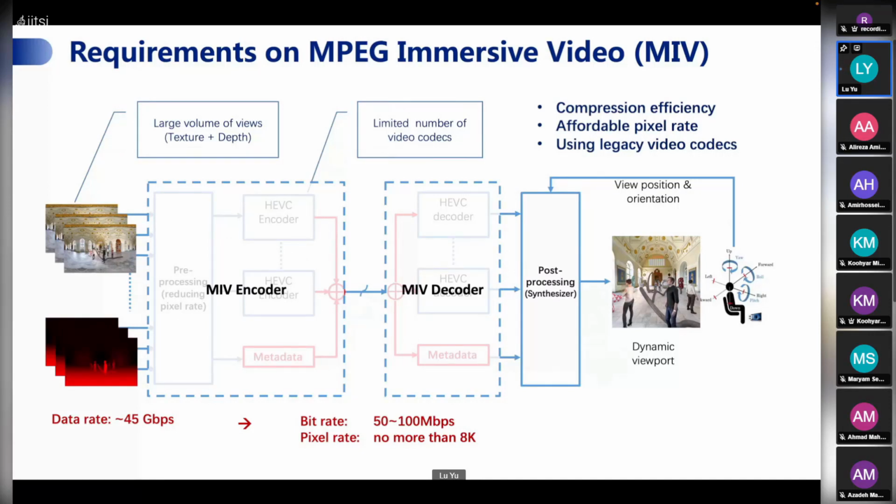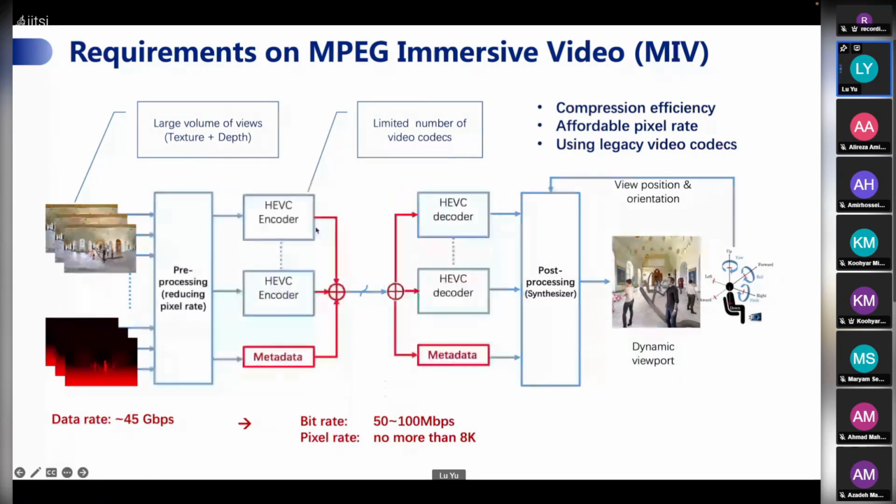So in the design of immersive video coding in the MIV encoder and decoder, actually we pipeline the system into the pre-processing of those multiple views, trying to organize the textures and depth information into what we call atlases.